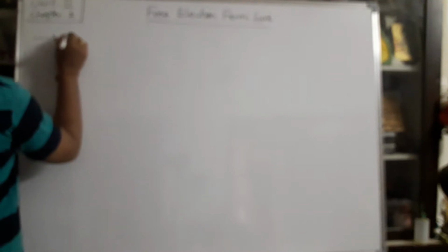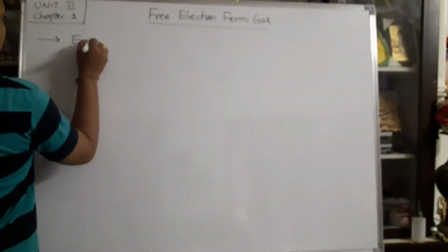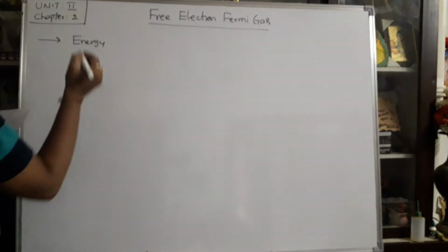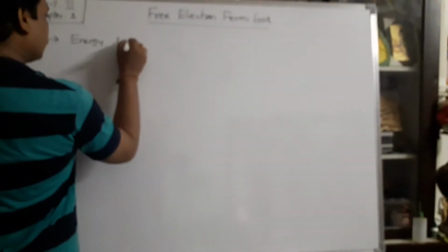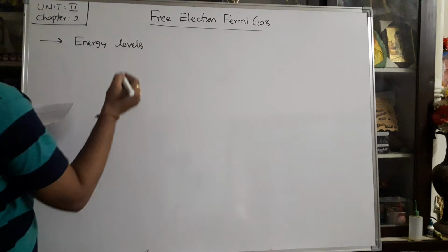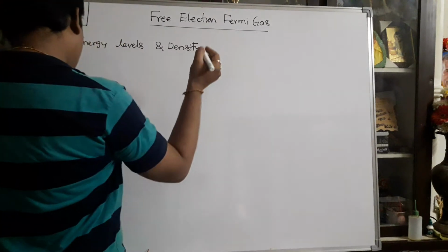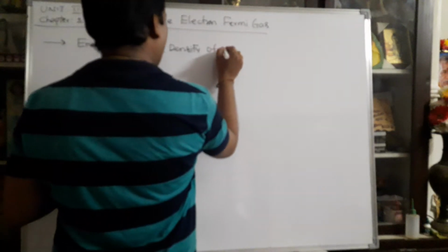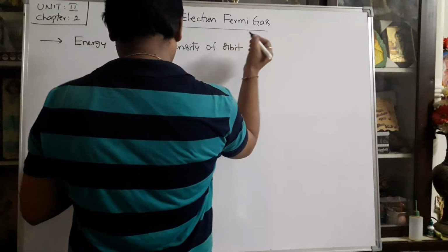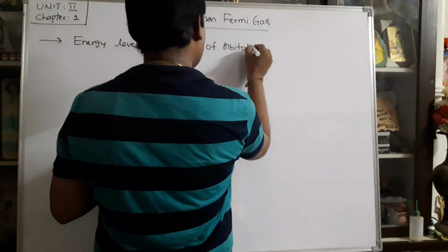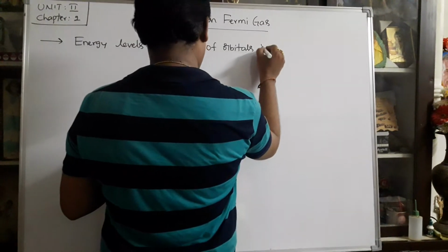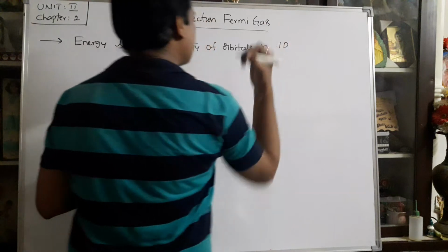In that chapter, there are a number of topics. The first topic is energy levels and density of orbitals in one dimension.